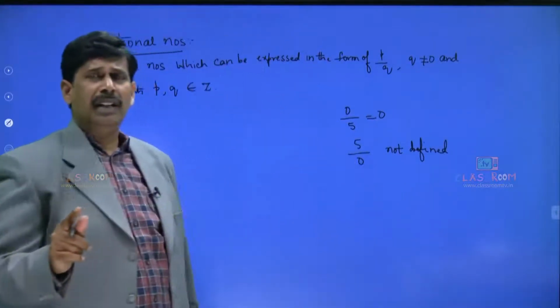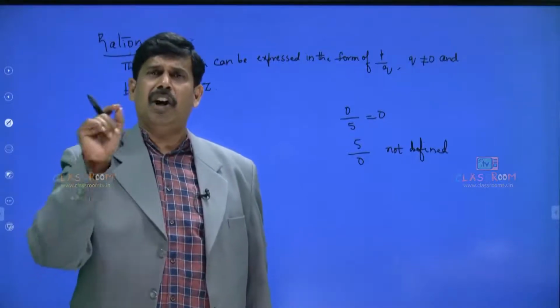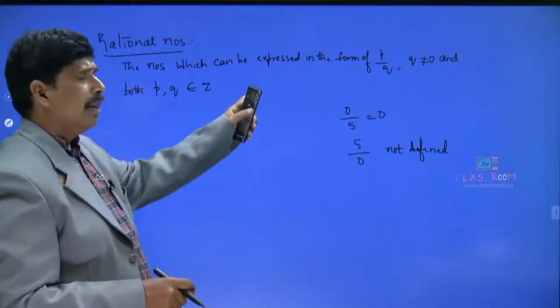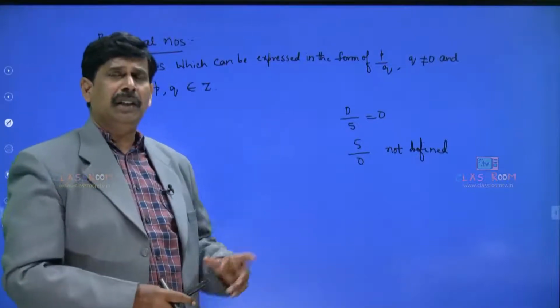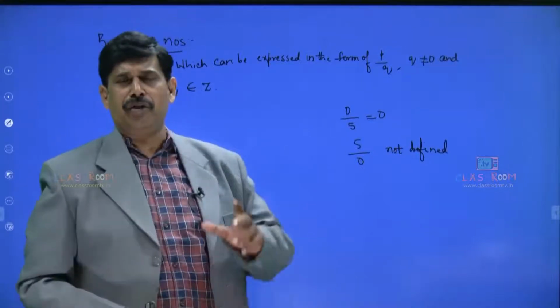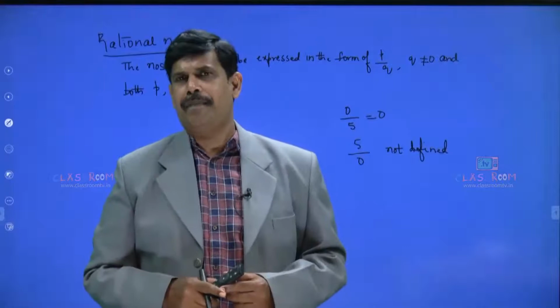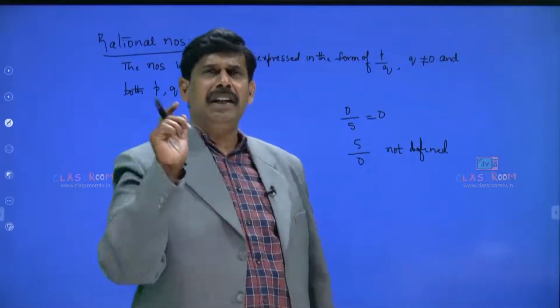That is why, in p by q, q is the denominator and it should not be 0. And one more condition: both numerator and denominator must be integers. p and q must be integers.